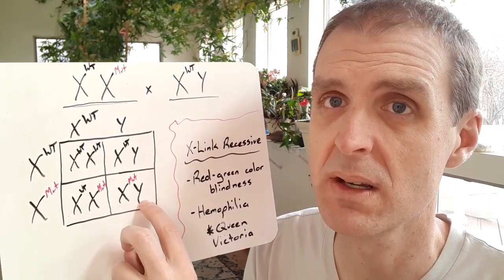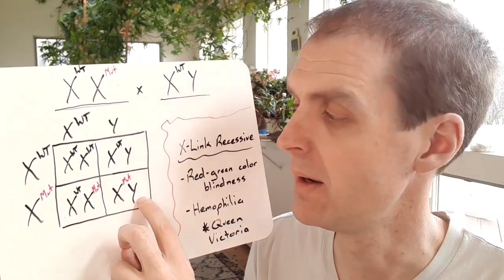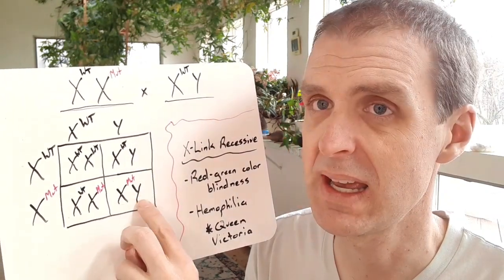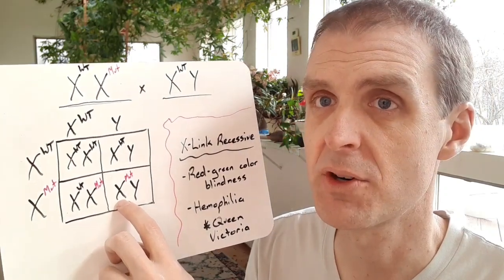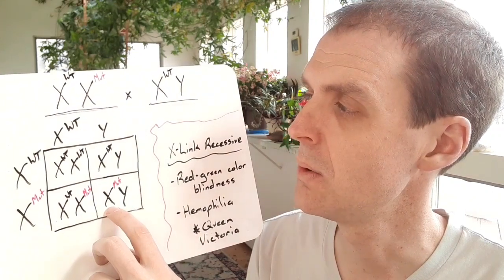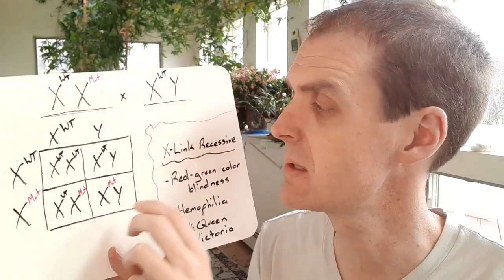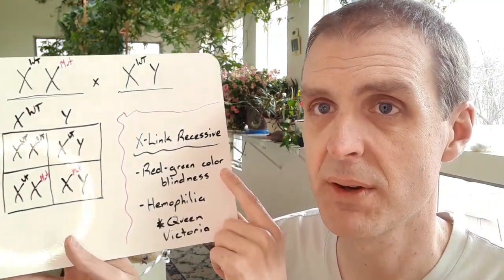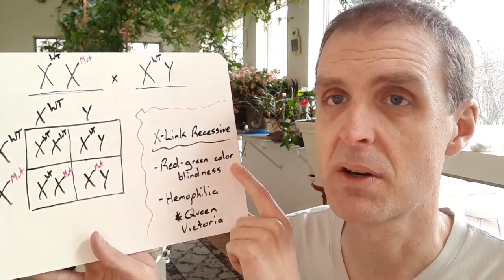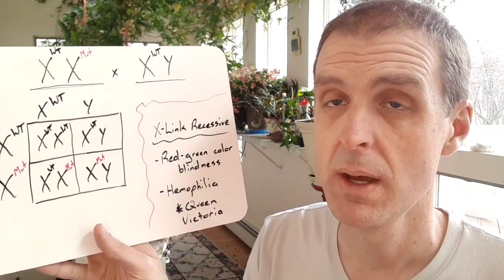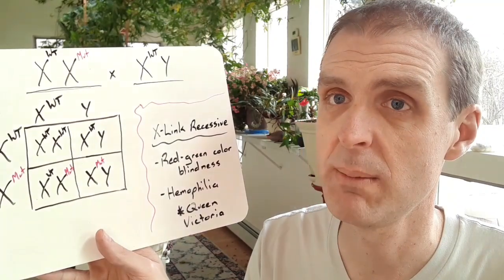And remember, Y doesn't encode all the genes that X does, and so Y doesn't really have an answer to this mutation. It can't save the male from having this mutated version being expressed. And so there are some genetic diseases that are called X-linked recessive diseases, and a couple examples of those are red-green color blindness. You'll find in the literature, in populations, it's far more common for males to have red-green color blindness than for females.